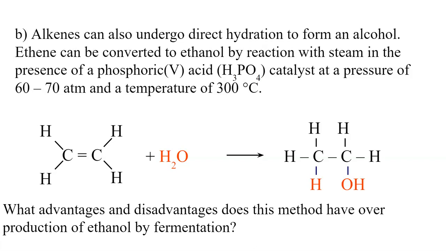Okay, the disadvantage this has is that it's from a finite resource. Ethene comes from crude oil via cracking, so that's a finite resource. So that's the main disadvantage. It's actually expensive to set up as well, but it's a continuous process. It's very, very fast.